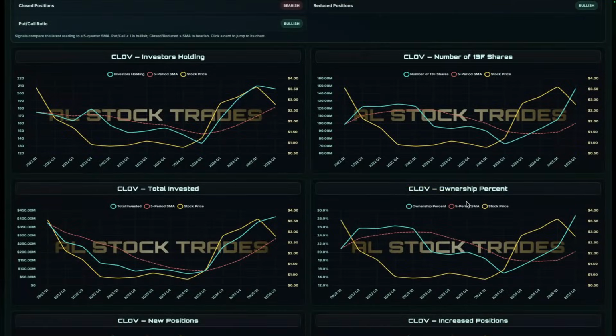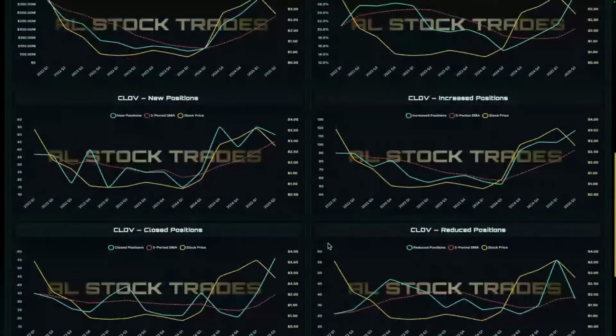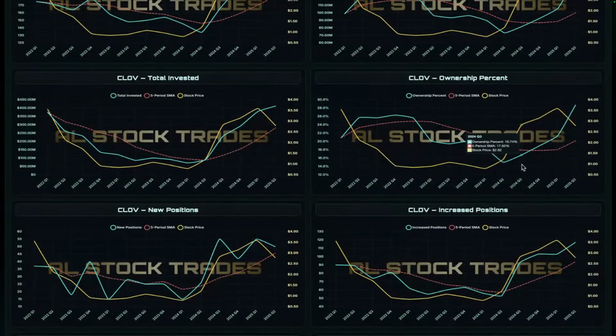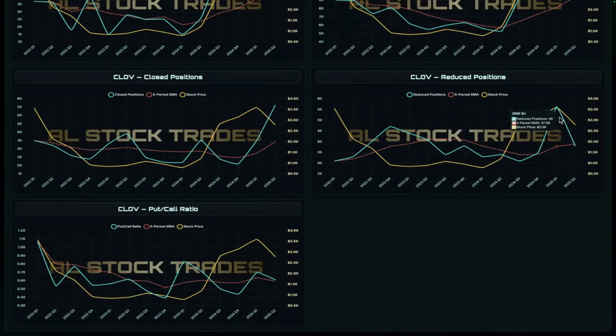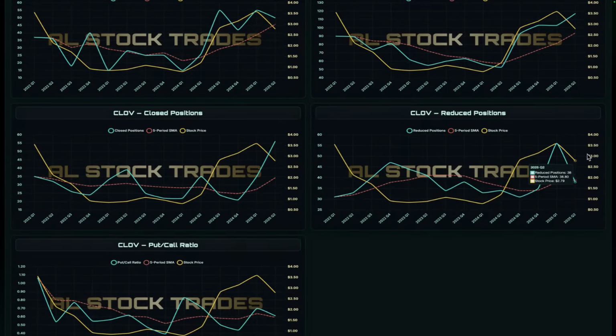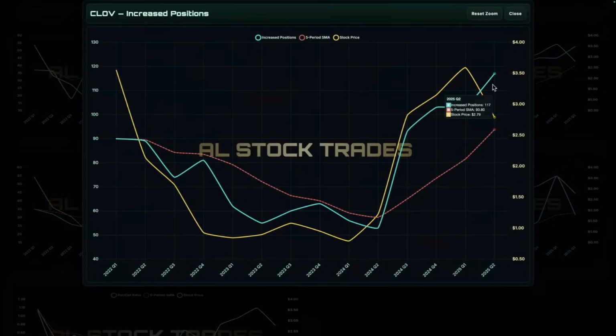So it's interesting because we're seeing more ownership increasing, but people closed their positions. People that reduced their positions went down, meaning that the people that are in are not reducing. They're actually increasing their positions. They're adding more.